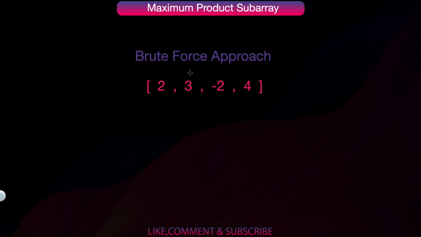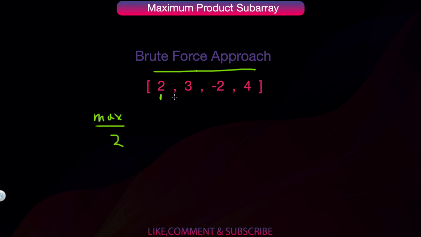We are given 2, 3, minus 2, 4. So in the brute force approach, we'll iterate over the whole array and we'll check each element with another element. So we'll run nested for loops. First we are at 2, we'll take our maximum product as 2.